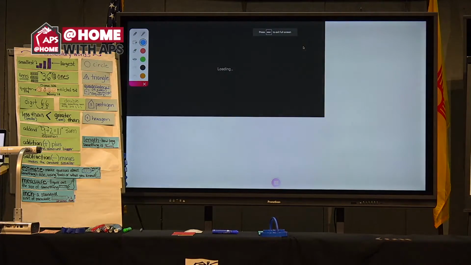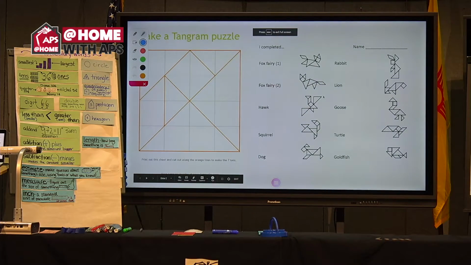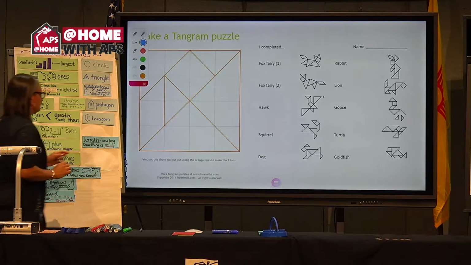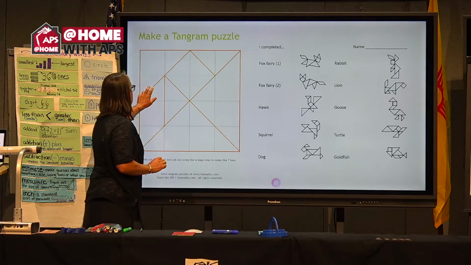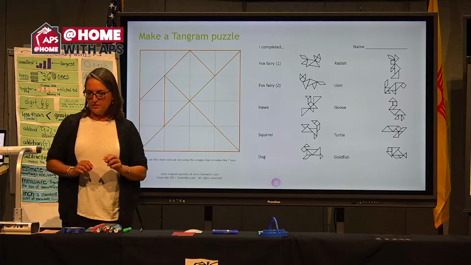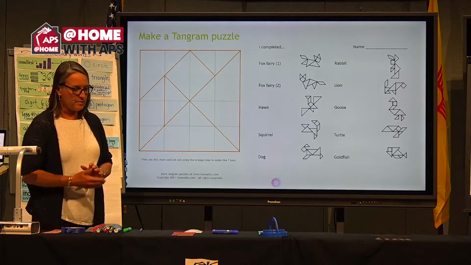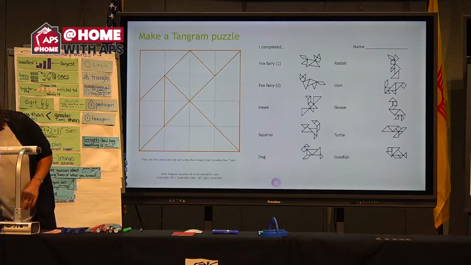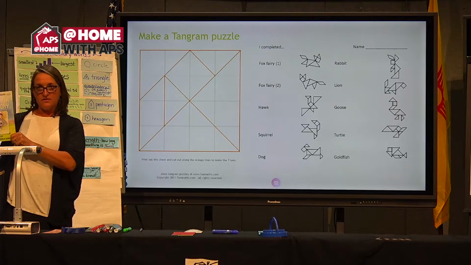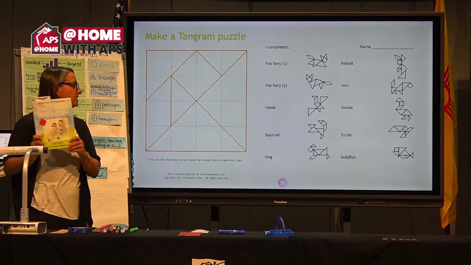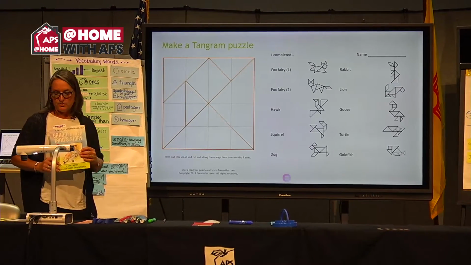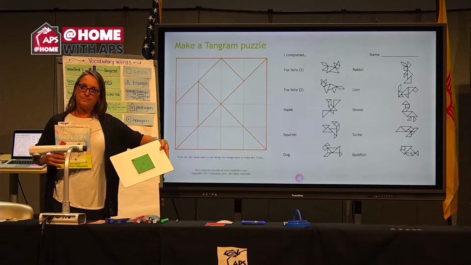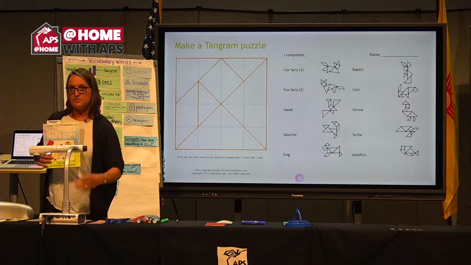Okay. So, before we start, if you tuned in yesterday, you may remember that after we finish today's story, which is called Grandfather Tang's story, we are going to use a special puzzle called a tangram to make some of the characters from the story.